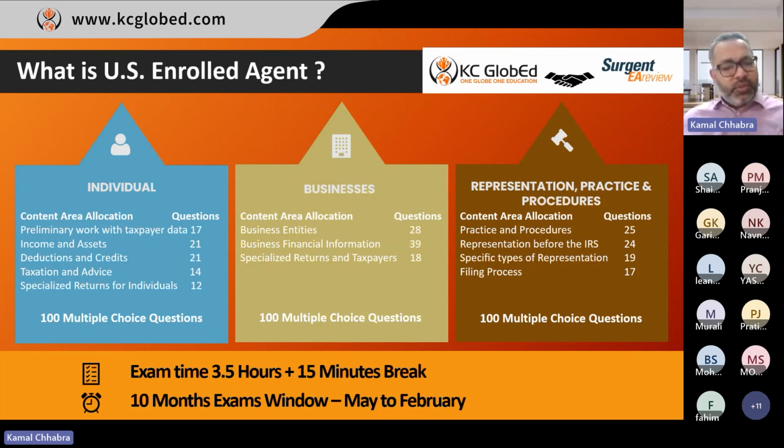Individual taxation. Let's assume yourself or your family member or relative. We all are individuals, right? We may have income from salary, income from shares, dividend income, interest income, rental income, capital gain.